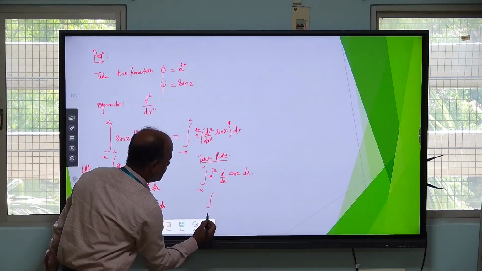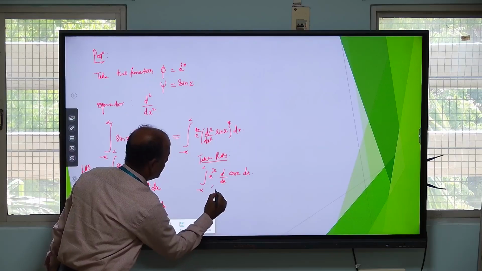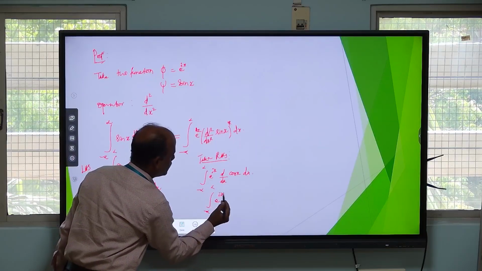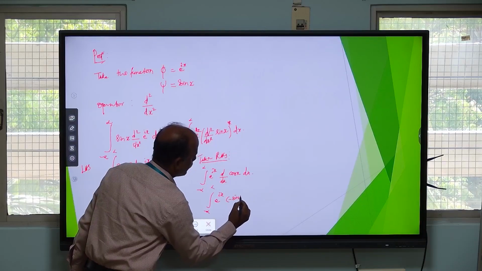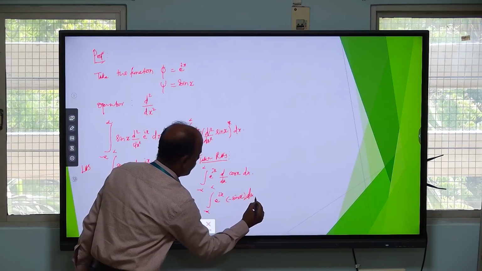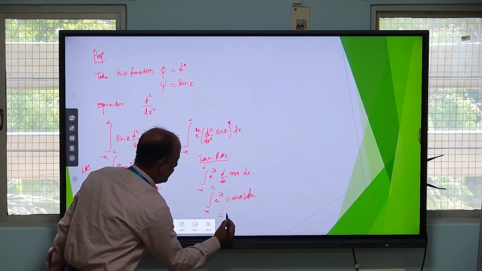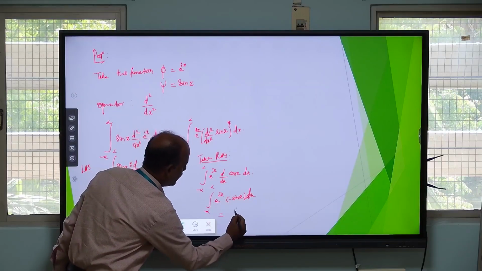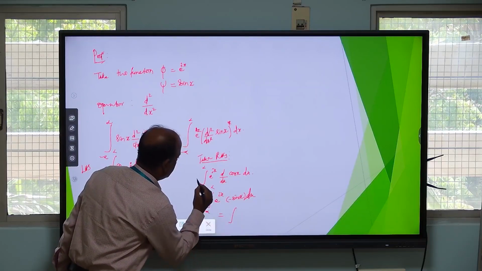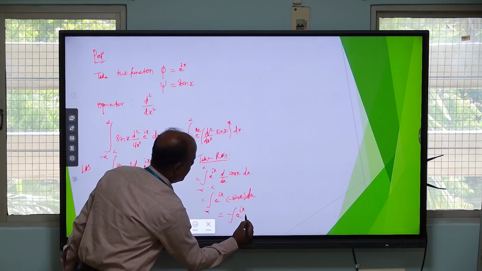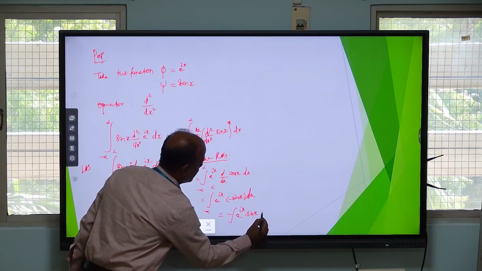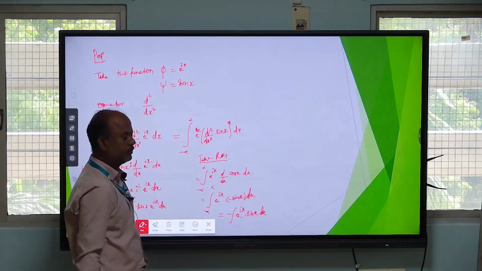Once again you differentiate cos x, and this becomes minus sin x. Now we rearrange that, taking the minus sign outside of the integration: minus e power ix sin x dx.